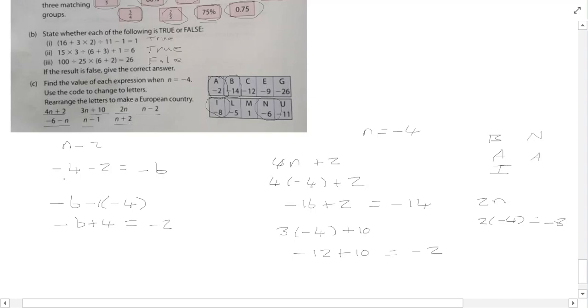It's n plus 2. So it's going to be minus 4 plus 2, which is equal to, if we're on minus 4 and we plus 2, that will leave us on minus 2. So we have another a.